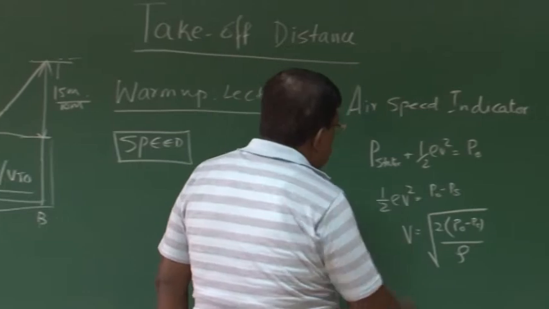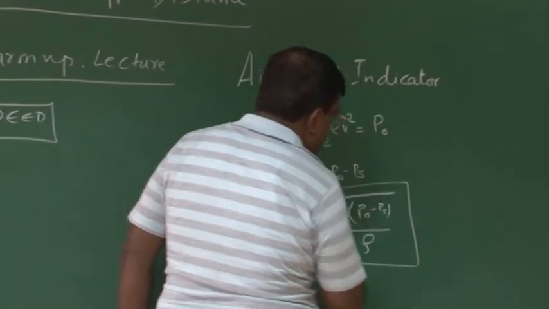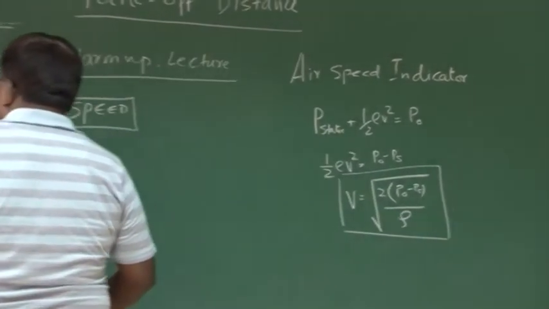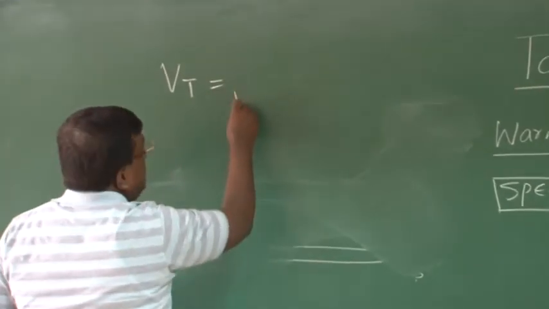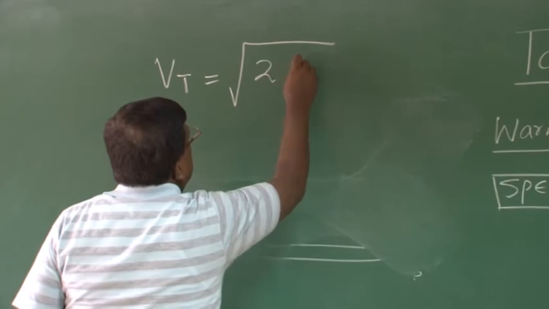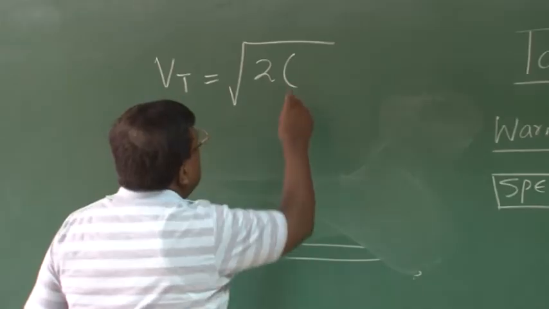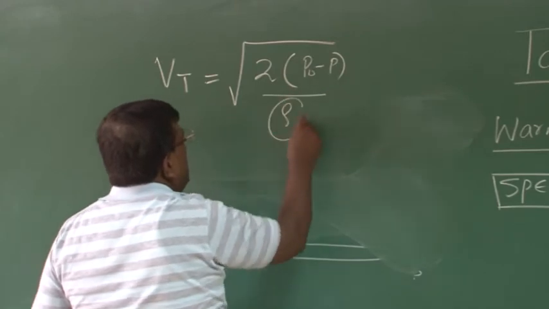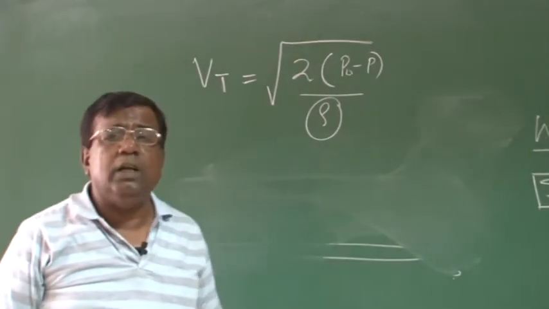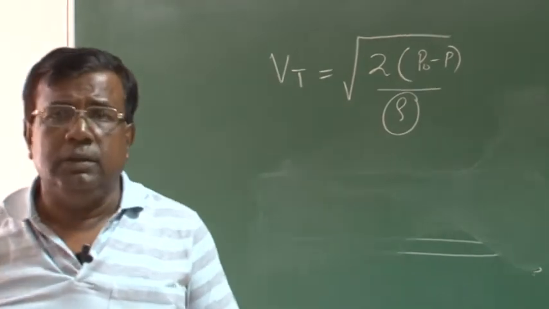But let us see what is this V. This V is basically the true air speed, because rho is the actual density at the altitude you are flying.